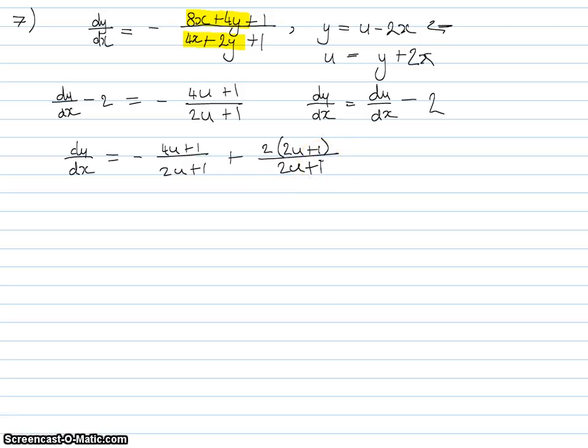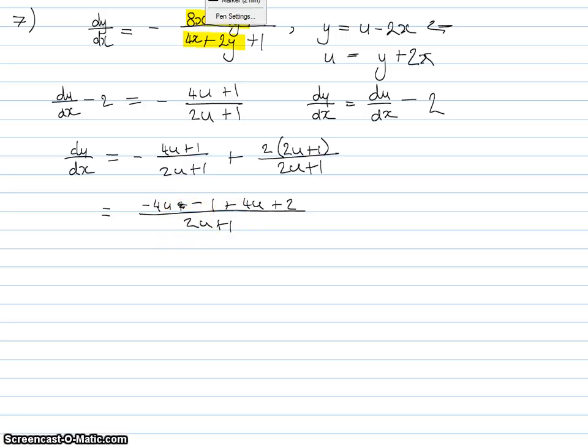So it's still 2, but now I can combine the fractions into one fraction. What do I get? I get minus 4u plus minus 1 plus 4u plus 2 all over 2u plus 1.